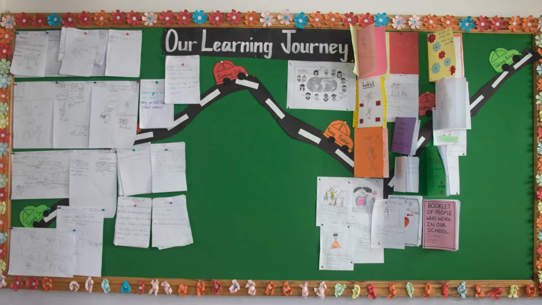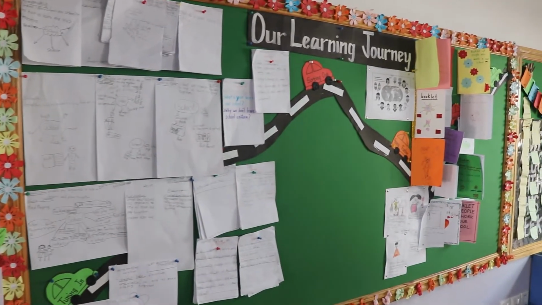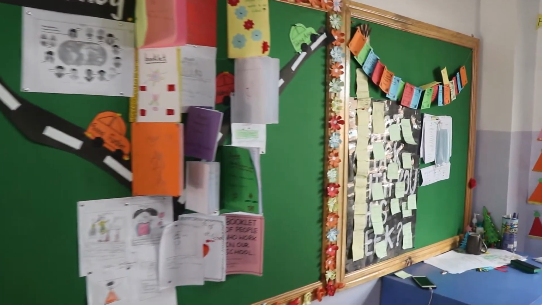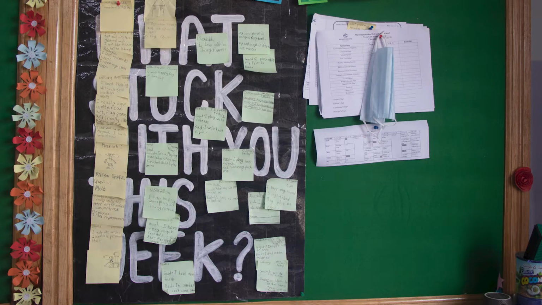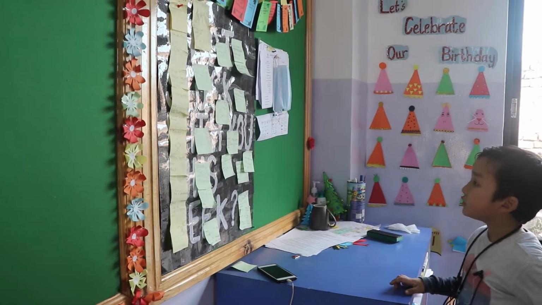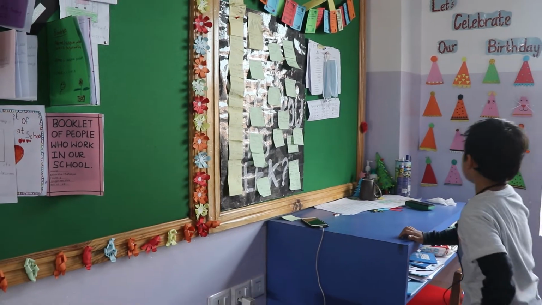There are 6 of them: tuning in, finding out, sorting out, going further, making conclusion, taking actions. And this is the what stuck with you this week. We write what we want to do and how we are right now.